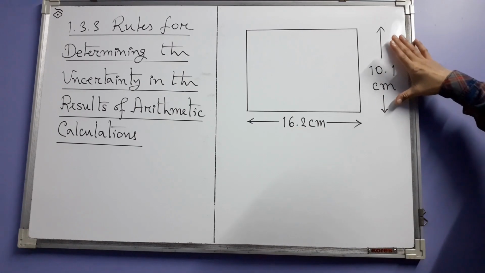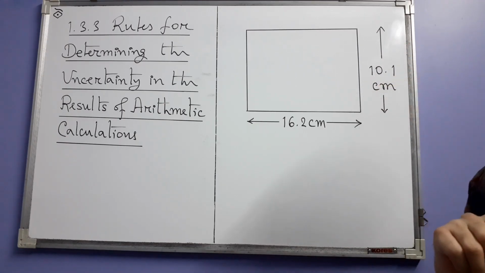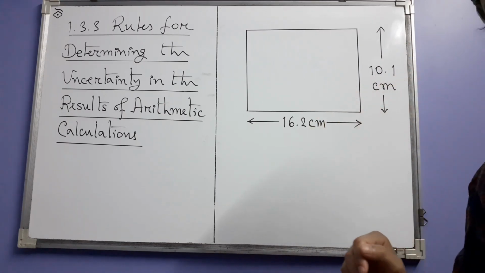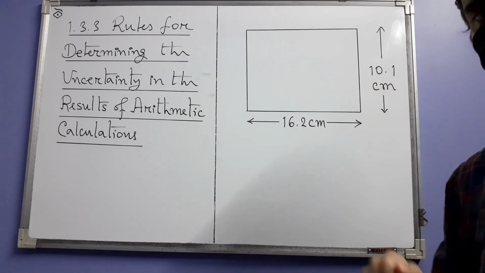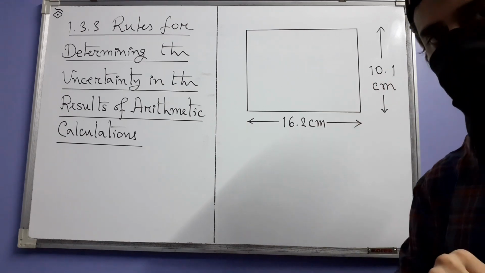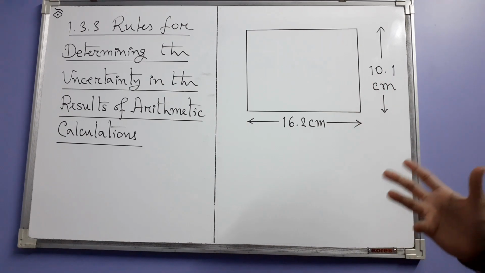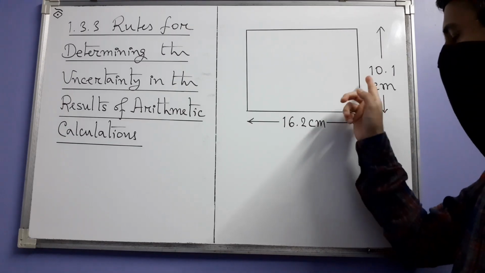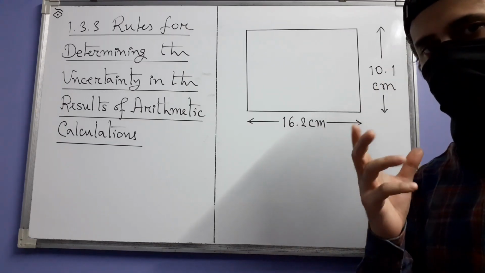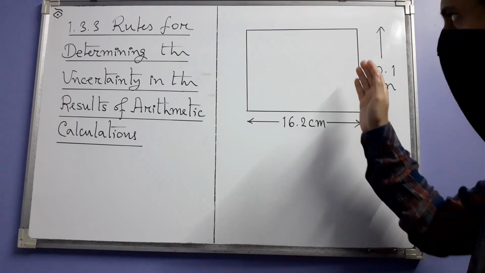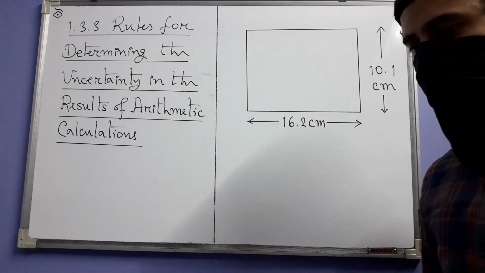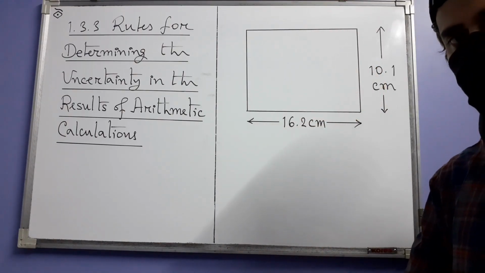In the measurement of the breadth, also there are 3 significant figures, 1, 0 and 1, among which 1 and 0 are certain and that last one is uncertain. So now if one uses these approximate values which contain errors to calculate the area of this sheet, then one would multiply these two values.